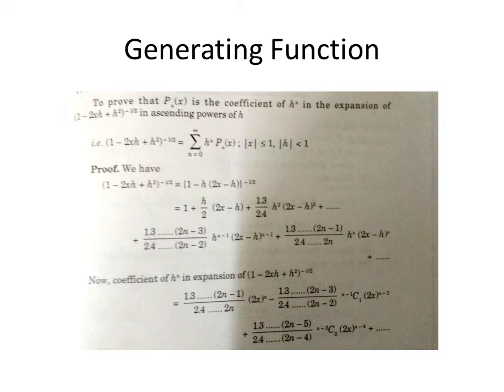So overall, the last step of this slide is that we have obtained the coefficients of h power n from infinite terms through the binomial expansion of (1 minus 2xh plus h square) whole power minus 1 by 2. We move towards the next slide.